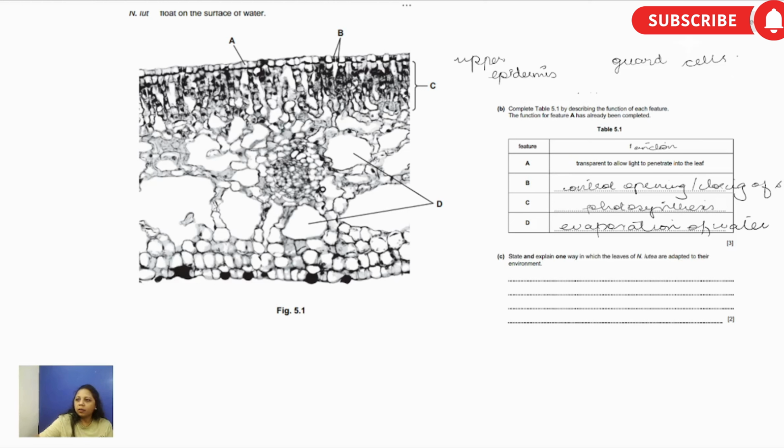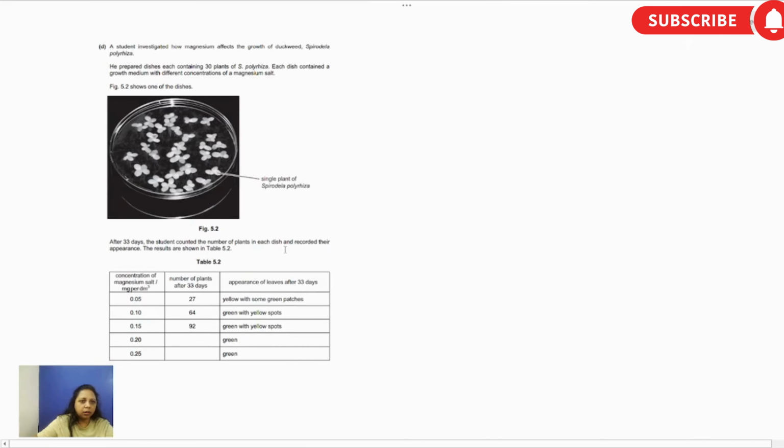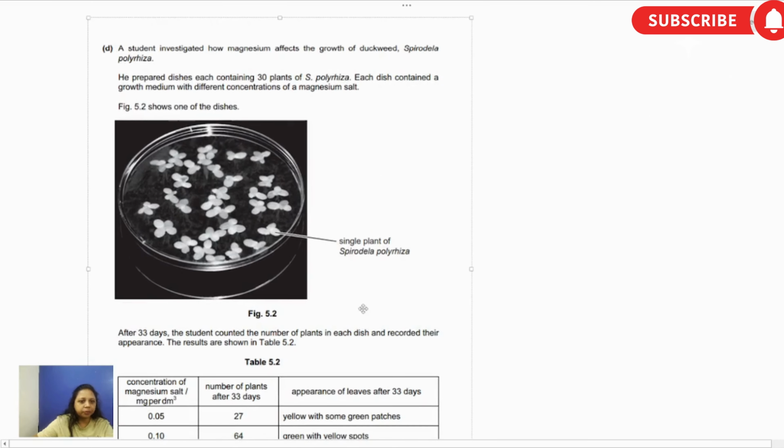Next part is again an experiment. A student investigated the effect of magnesium on the growth of a plant. So magnesium is our independent variable and growth of this duckweed is the dependent variable. He prepared dishes each containing 30 plants of this species, Spirodela polyrhiza.